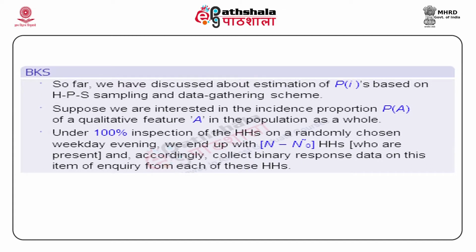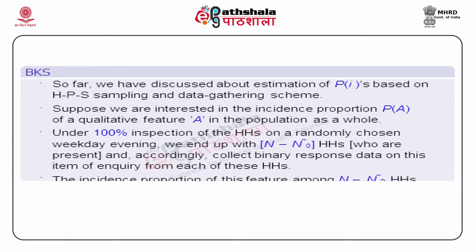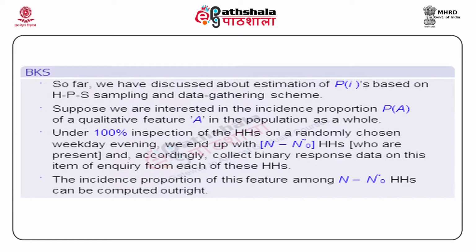But that does not in any way tell you what is happening to the N0 tilde who are not available. The incidence proportion of this feature among n minus N0 tilde households can be computed outright. But these are the individuals who are present tonight, therefore, I can always compute their incidence pattern, PA, how many are possessing the attribute, etc., everything can be done.